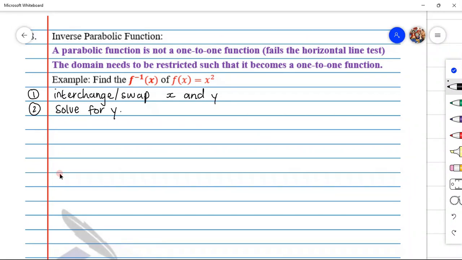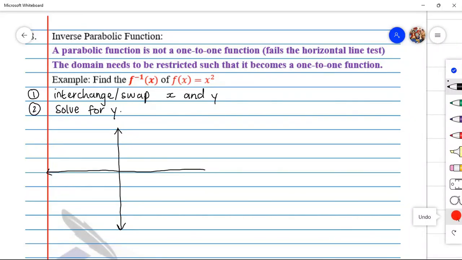Now when we're dealing with a parabolic function, things change slightly because a parabolic function isn't a one-to-one function. So let's start by drawing a parabolic function. So if this is our function f, which is x squared, it's going to look like this.